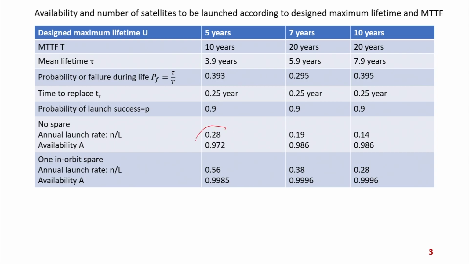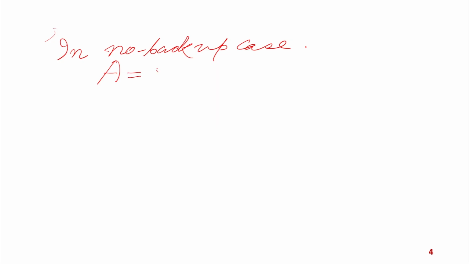This is the example we took yesterday, and now we will discuss these two cases. In the first case, the availability in the no backup case, the availability A is given by 0.9722. Now, consider that you want a service period of 10 years.